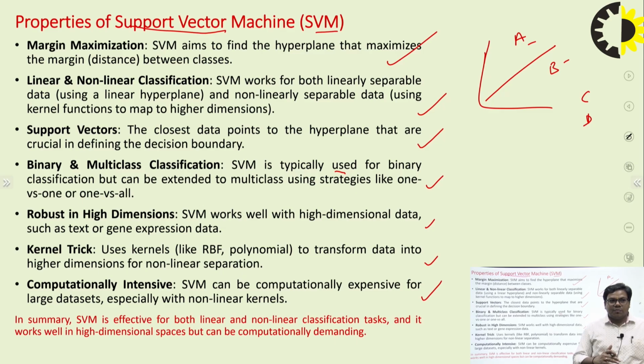And we may use that calculation multiple times. So for storing that huge amount of data, we need computational memory. In that case, we can say the computational complexity of SVM is high only when we have a greater data set.